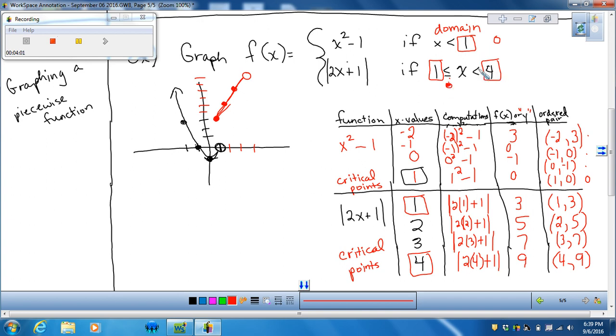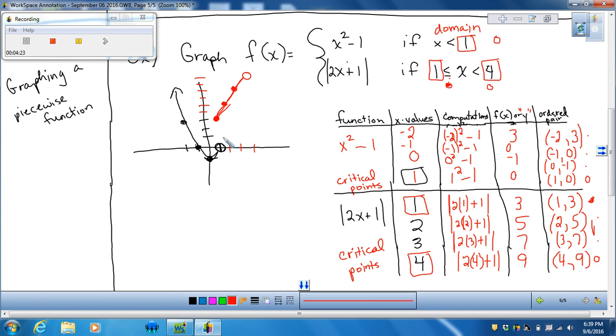And then 4, again, has a less than symbol, so that's going to be an open circle because there's no equal. So over here, I have a closed circle at 1, 3, and at 4, 9, we have an open circle. And the points in between are just regular points.